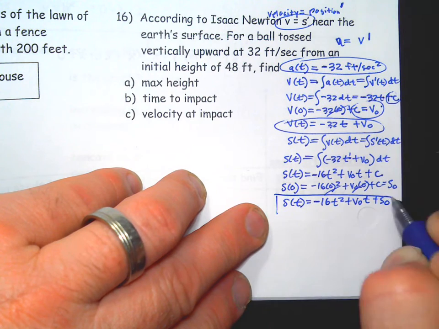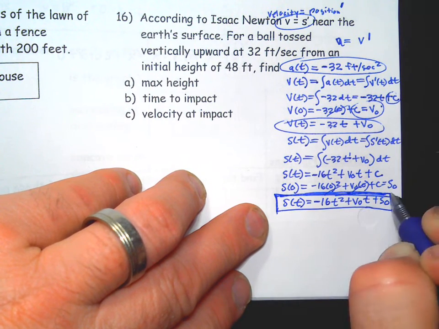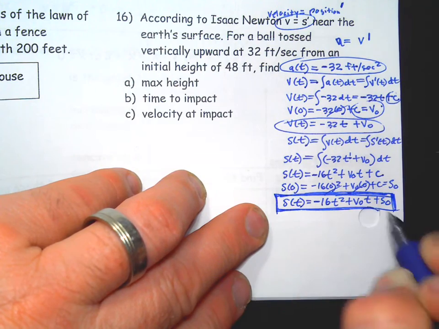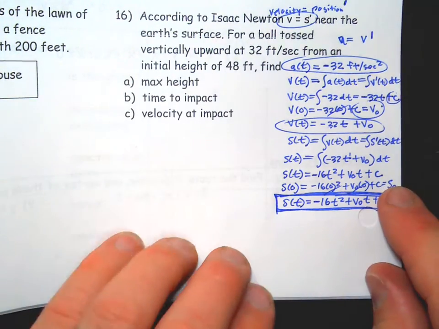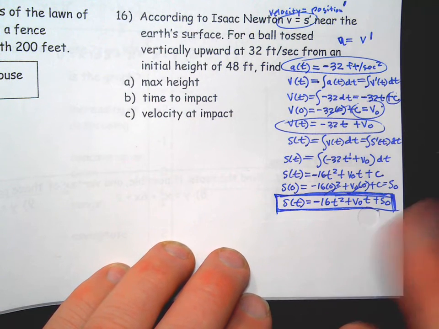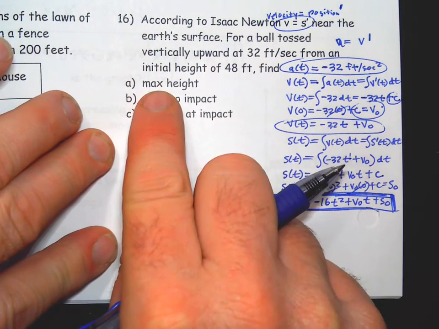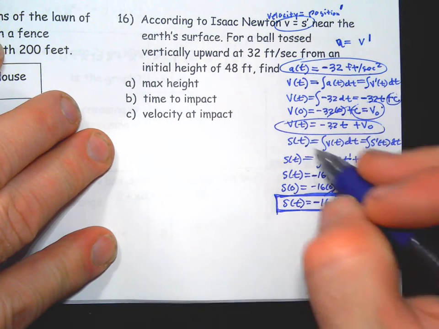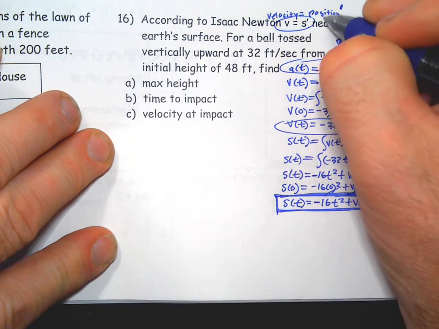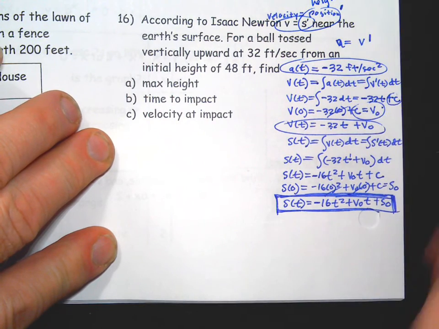So this is what you guys can use for these problems with gravity. Okay? It's good to understand where it came from. We're gonna go over this again in detail in a future unit, so don't worry too much about it, but essentially undoing derivatives. Now, if you want to find the maximum height, that's what S is. S is position, which in this case, vertical motion is going to be the height of the object.